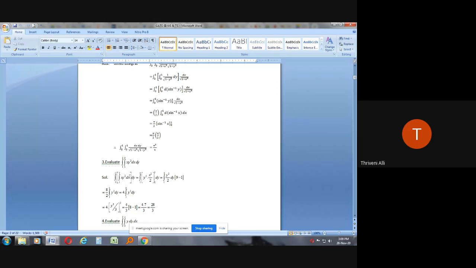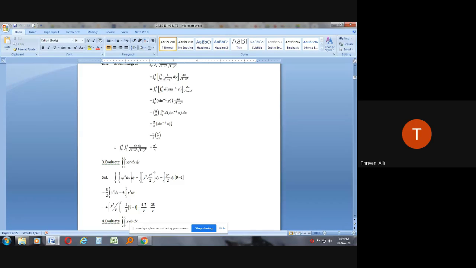We separate the function: y square into the integral of x dx, which is x square by 2 between the limits 1 to 3. Now substituting the limits in x, we get 8 by 2 integral y square dy. Here the y limits are 1 to 2. Again the integral of y square dy is y cube by 3, limits 1 to 2.